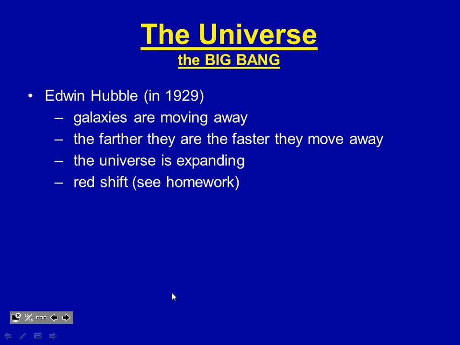Based on these observations on the reddening of the light and the fact that the universe is stretching out, a scientist, and I have no idea whose name this guy is, said, what if we run the clock in reverse? If we run the clock in reverse, it means that the universe gets smaller and smaller.